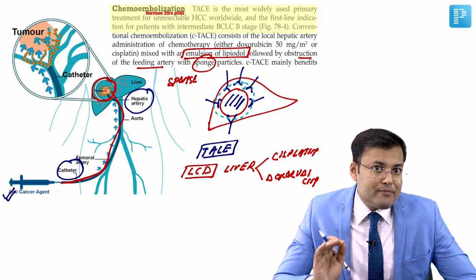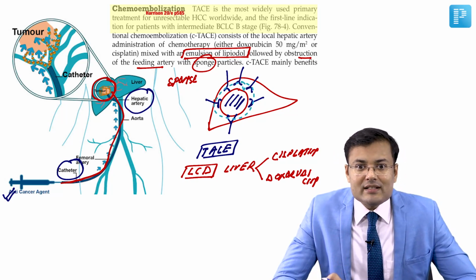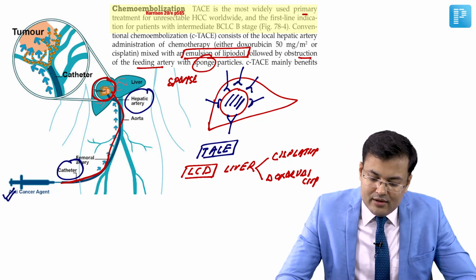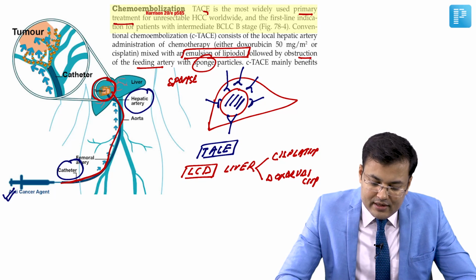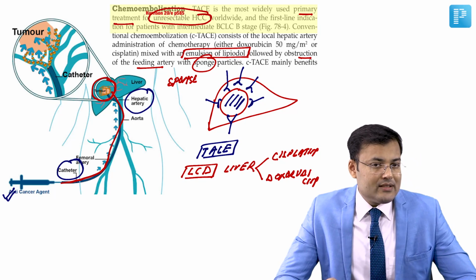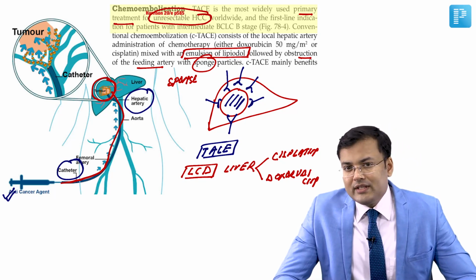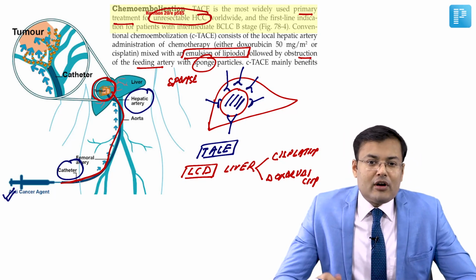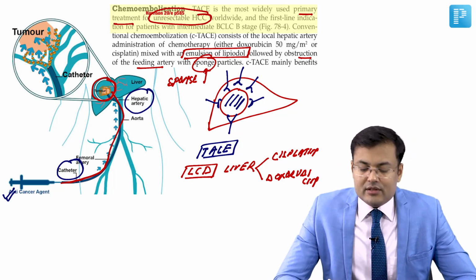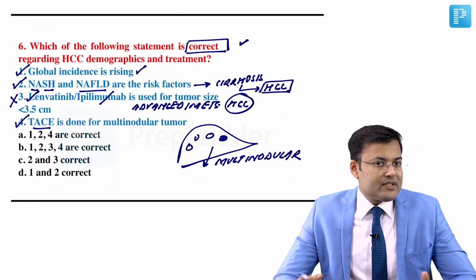So this is the kind of palliation which is having survival advantage. TACE. And for which tumors it is used? You can see here. For primary treatment of unresectable HCC. Unresectable HCC agents, you give cisplatin or doxorubicin, and for obstruction of feeding artery, we inject sponge particles. So all four options are clear now.